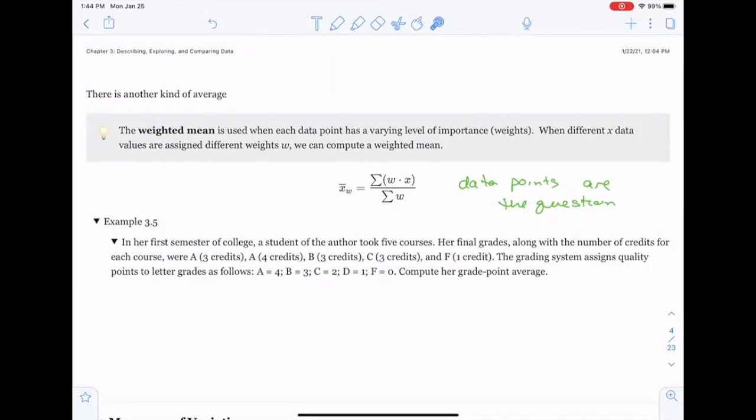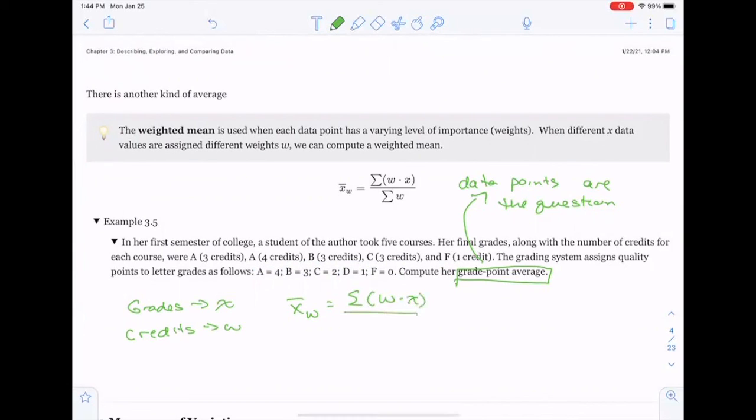So we want to find her grade point average. Because we're looking to find her grade point average, and we said the data points are the question, the grades she gets are going to be my X's. That makes the credits the weights in this case. So my weighted mean is going to be the sum of the weights times their corresponding data points, divided by the sum of the weights.